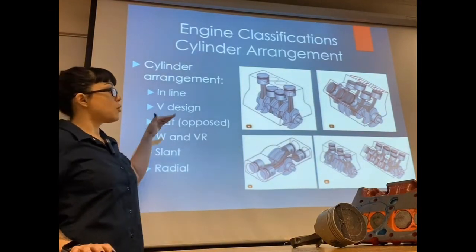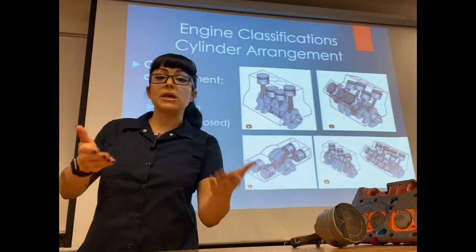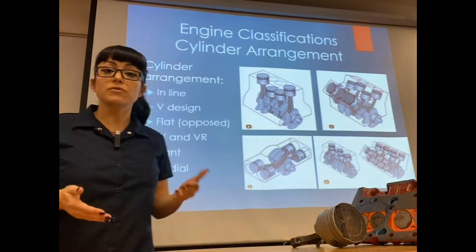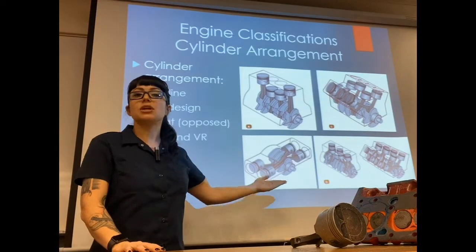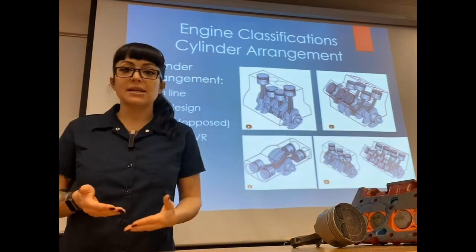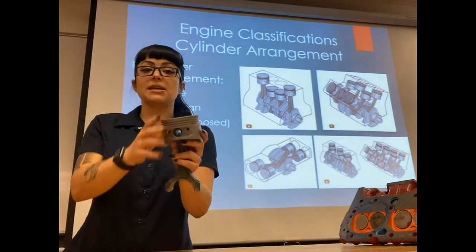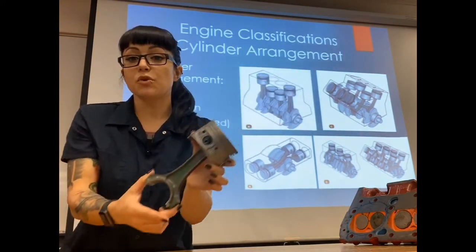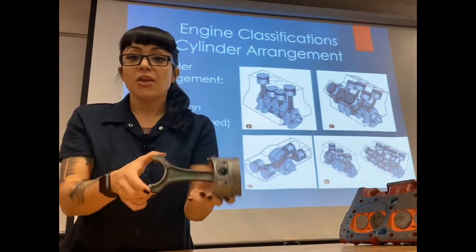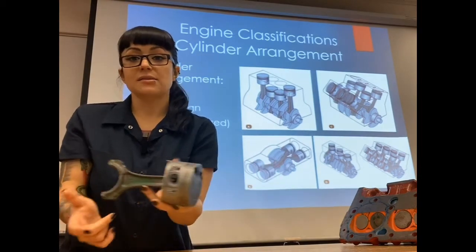So we have flat or opposed engines. All my Subaru people and Porsche people and old Volkswagen people, that's you. That's our pancake engine, or an opposed or a flat engine. This is where our pistons, instead of moving straight up and down, or in a V design moving in a diagonal direction, are actually completely sideways.